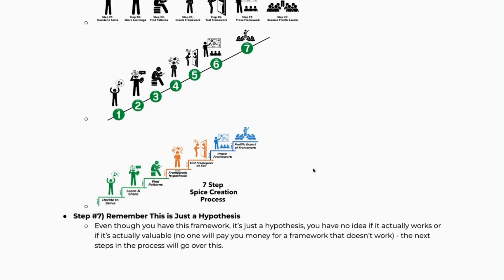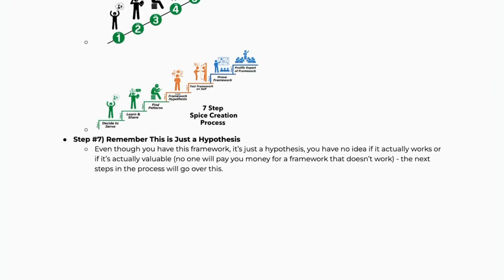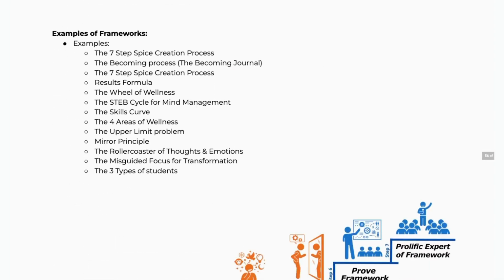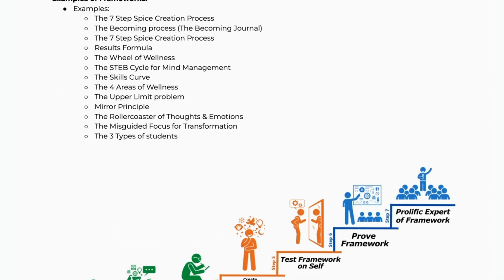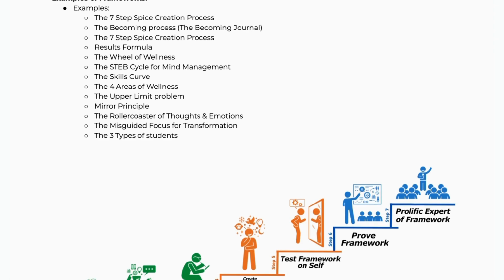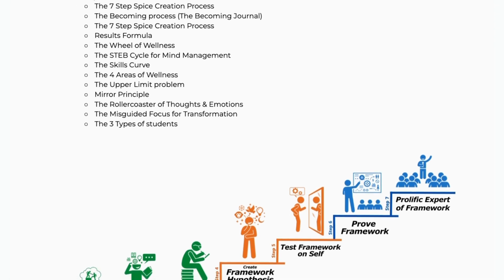We are in just a second actually going to prove this hypothesis out as a framework, so that way you can actually have a proven framework that you are an expert of. Real quick, let me just go ahead and show you a bunch of different frameworks that we've come up with, and a lot of these we do use for fulfillment, and a lot of these are licensed to you to be able to use for your fulfillment. But again, remember, you can use these for marketing messages as well, and then you want to come up with your own for your marketing message as well, right?